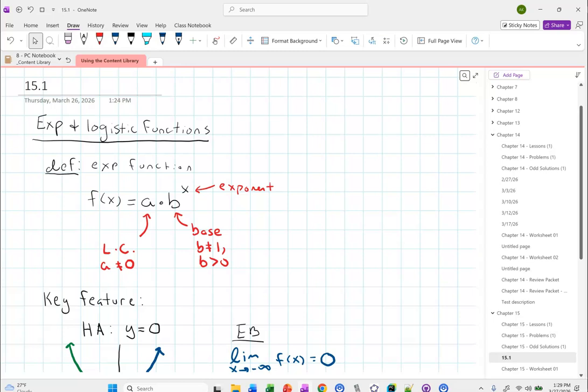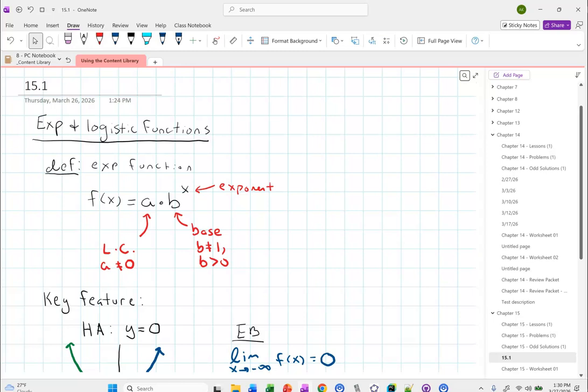Nobody in fourth hour came up with this either, and that's fine. I'd be pleasantly surprised. Let's assume b was a negative number, and what if the value for x was 1/2? What is an exponent of 1/2 the same as?